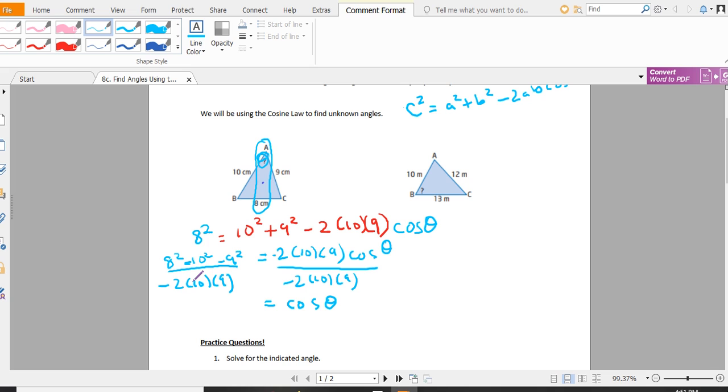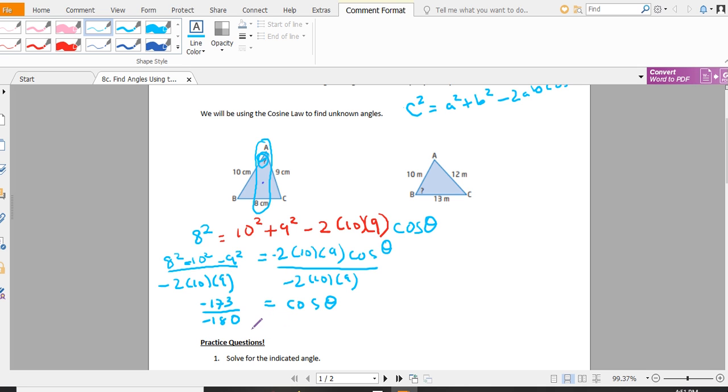So let's type that in. So 8 squared minus 10 squared minus 9 squared equals negative 173 over negative 2 times 10 times 9, negative 180. Okay?